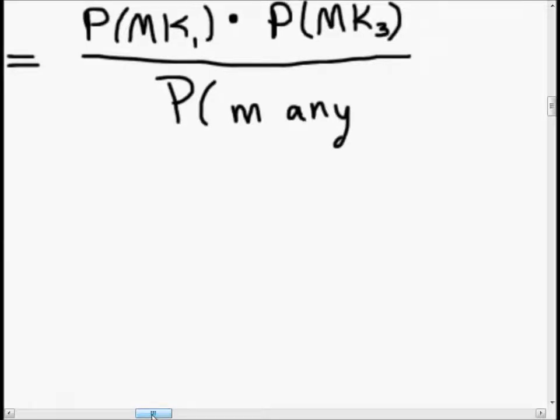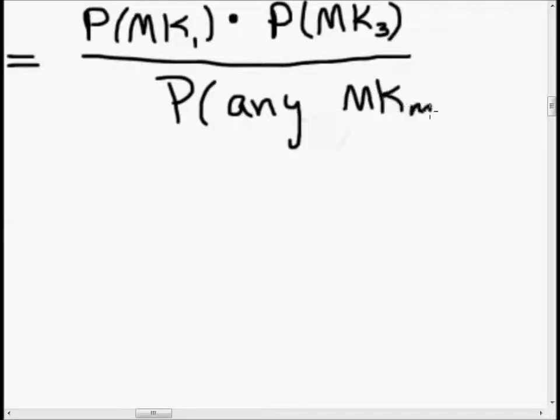Actually, no, we're going to call it differently. We're going to call it the probability he makes any make at level 3. Okay? And so hopefully that makes sense.